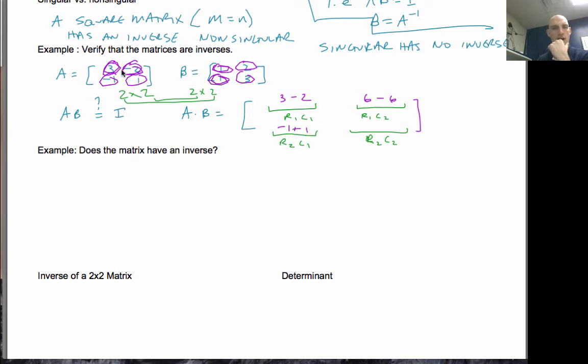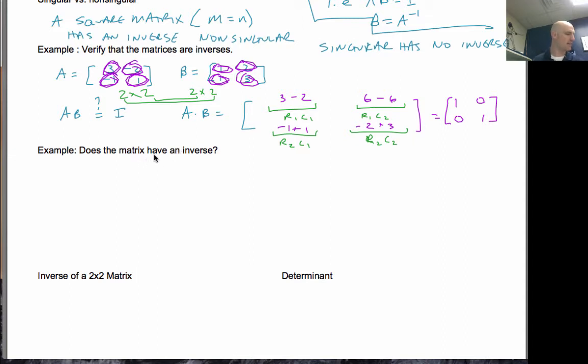And then row 2, column 2, so negative 1 times 2 is negative 2, and then 1 times 3 is 3. Simplify. 3 minus 2 is 1, 6 minus 6 is 0, this one's 0, and this one's 1. So I just verified that those are inverses because when I multiplied them together, I got the identity matrix.